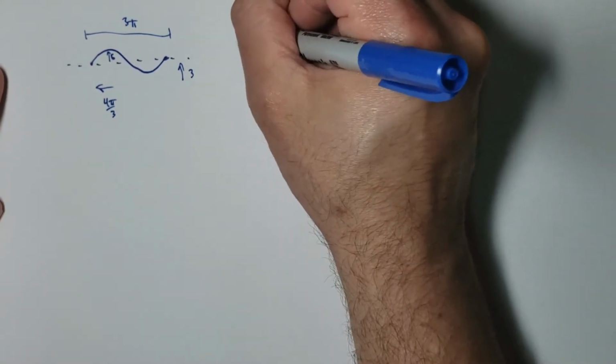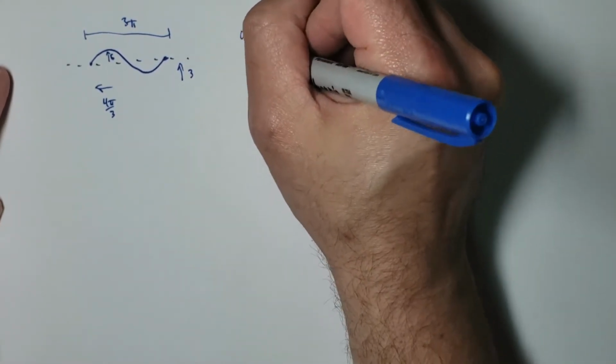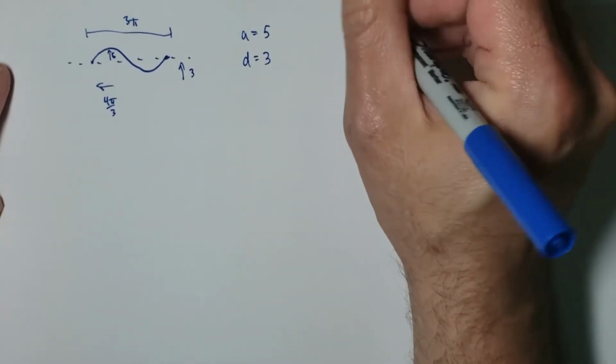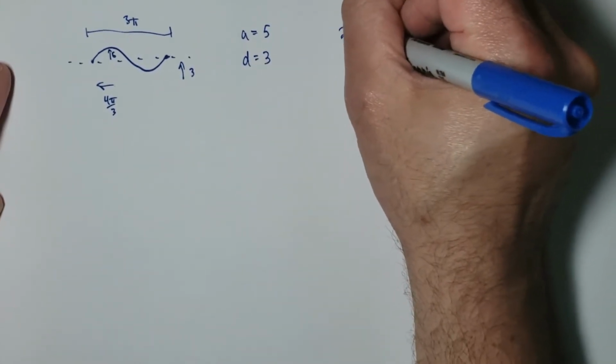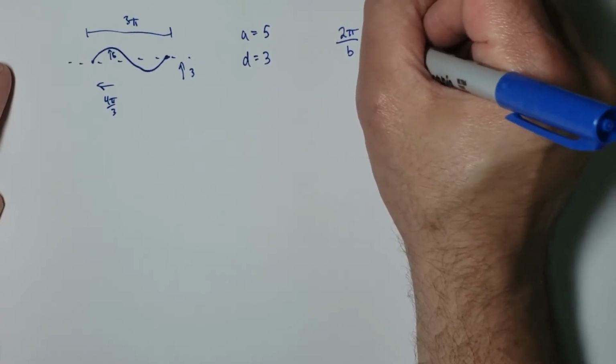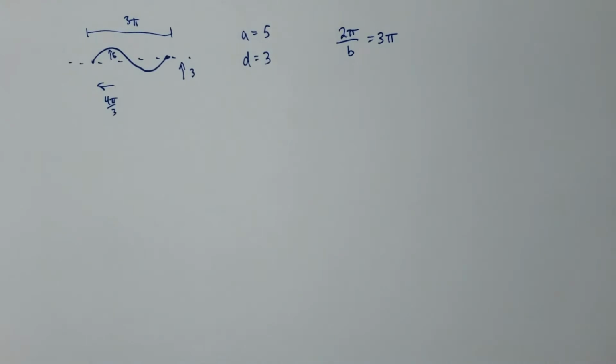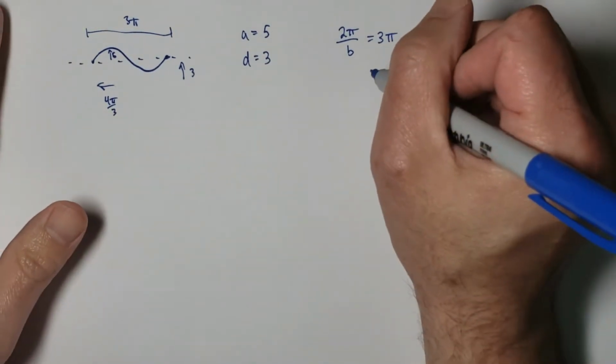The amplitude is 5, so A is 5. You know that the midline is y equals 3, so D is 3. For the period, we have the formula that 2 pi over B equals the period. So I'm going to set 2 pi over B equal to 3 pi.